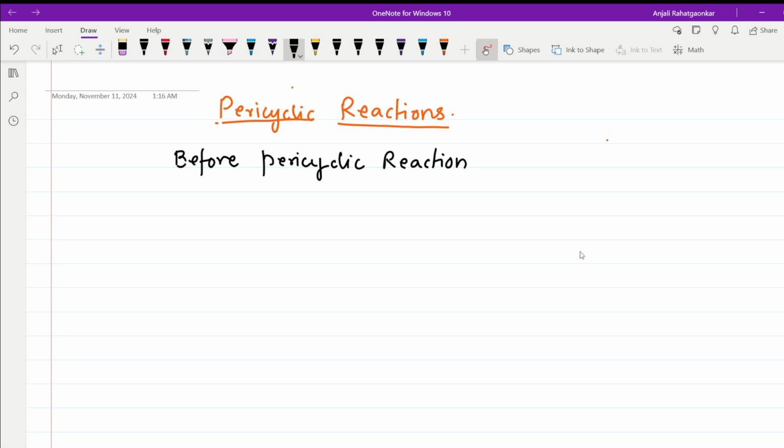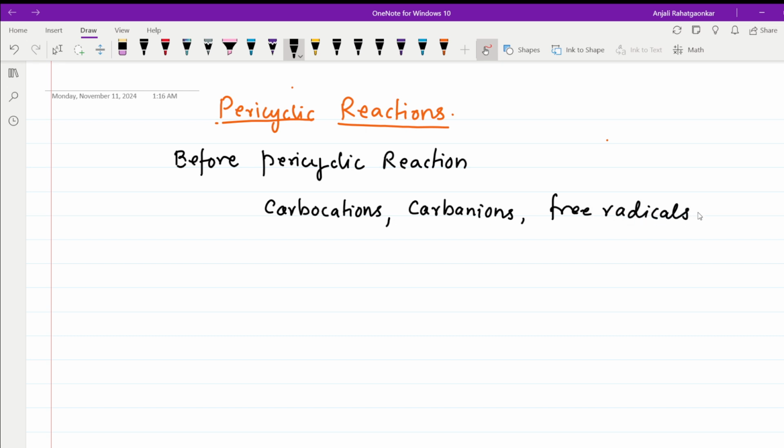Now these reactions are completed through the formation of ionic counterparts or ionic transition states, or we can say ionic intermediates. Those intermediates are carbocations, carbanions, or in some cases free radicals.